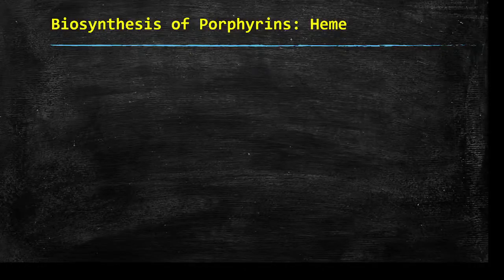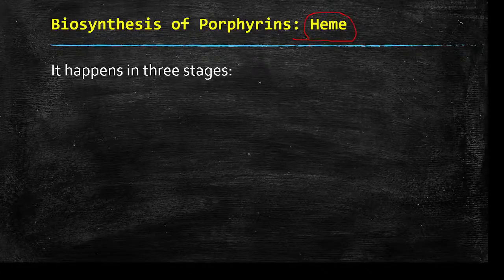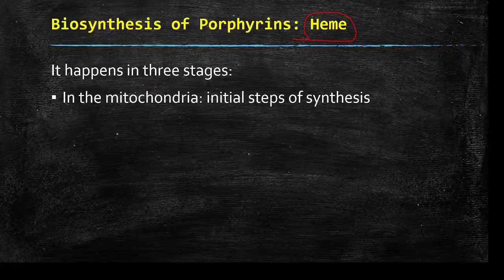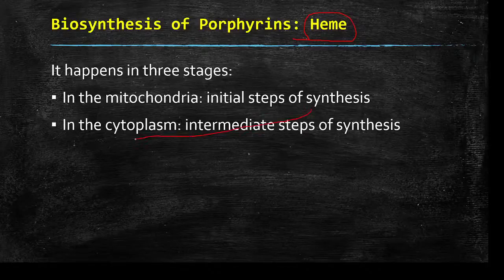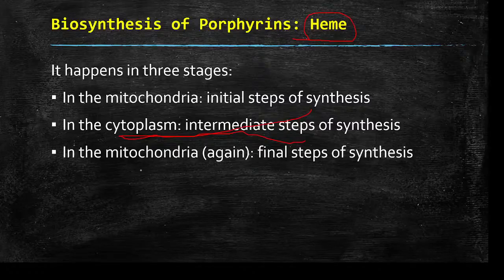So the biosynthesis of porphyrin, here we will emphasize more about the biosynthesis of heme. This biosynthesis of heme happens in 3 stages. We have divided these 3 stages depending upon the location. The first stage is in the mitochondria, the initial steps of the synthesis. The second stage happens in cytoplasm, intermediate steps of the synthesis, and the third stage again happens in mitochondria.